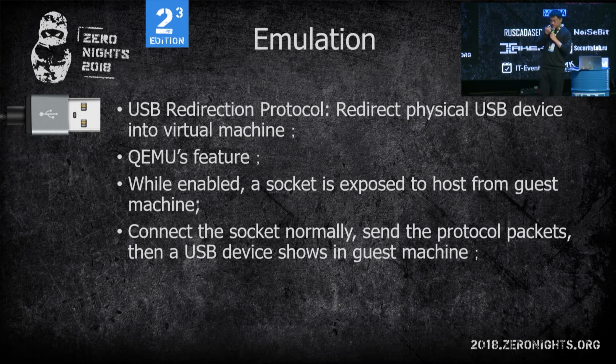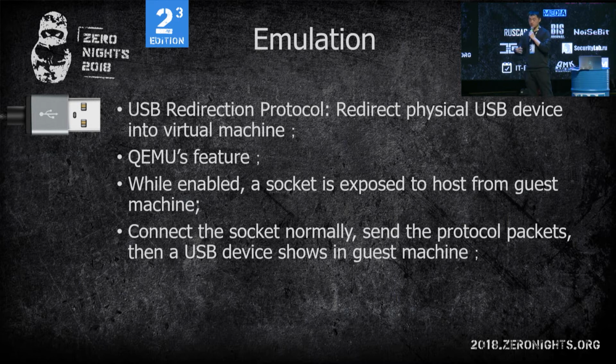Let's see how we emulate the USB socket. Here is the protocol, and we call it the USB redirection protocol. This protocol redirects the physical USB device into the virtual machine.